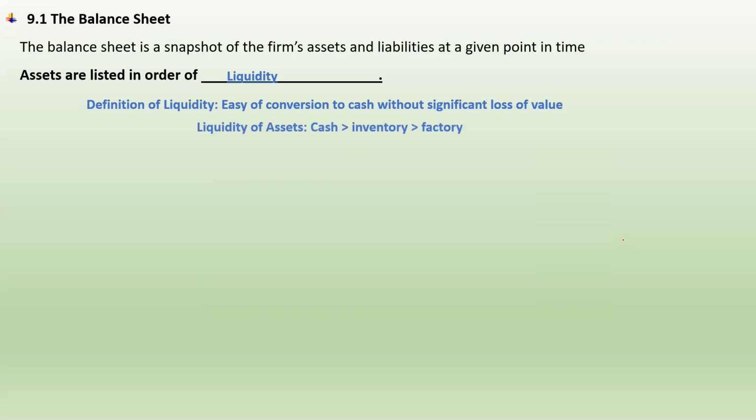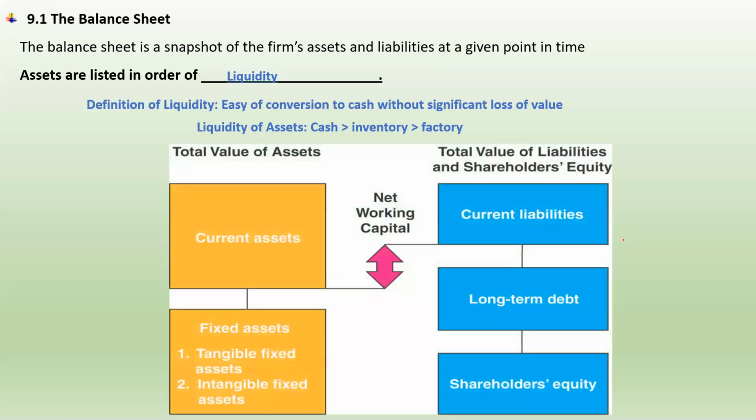Inventory, you can sell relatively more easily compared to fixed assets, so the liquidity of inventory is relatively higher. And finally, fixed assets like equipment, factories, and office buildings have the lowest liquidity. They are really hard to convert to cash.